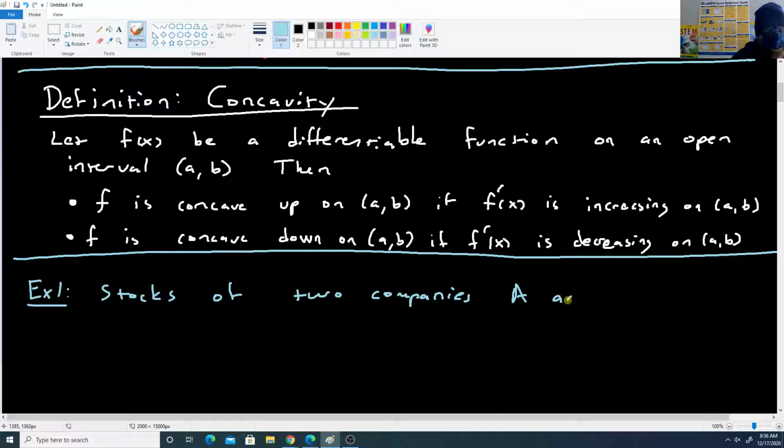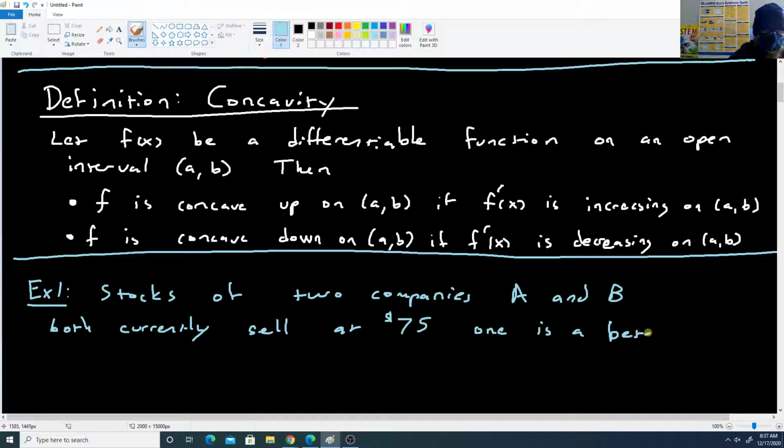We call them A and B. So we have company A and company B. They both currently sell at $75. Which one is a better estimate, or better investment, I think? And they want us to explain in terms of concavity.